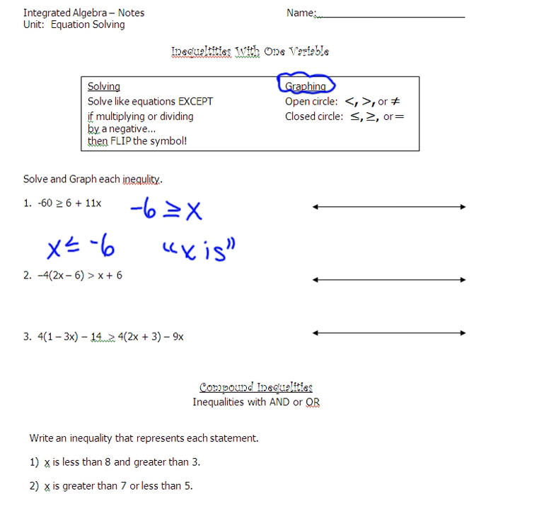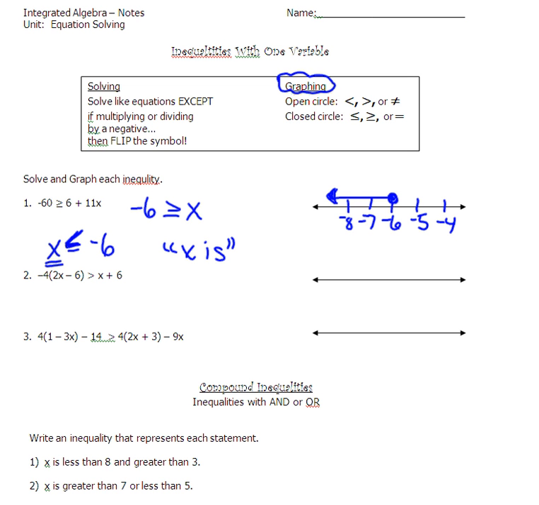If you don't have x on the left-hand side of the equation, you can't follow this for your arrow. So I would put -6 in the middle of my graph, use a closed circle in this case, and graph it to the left.